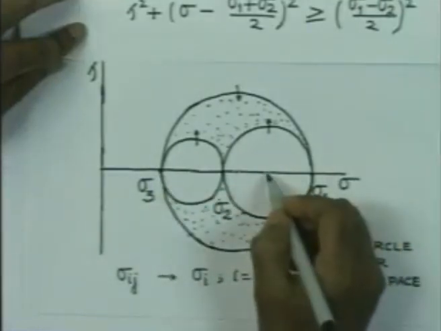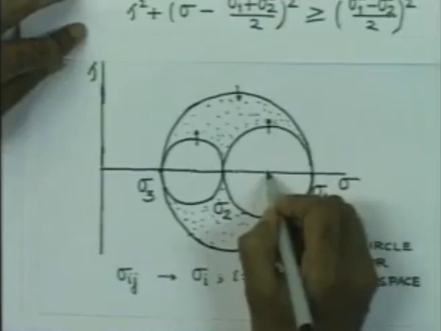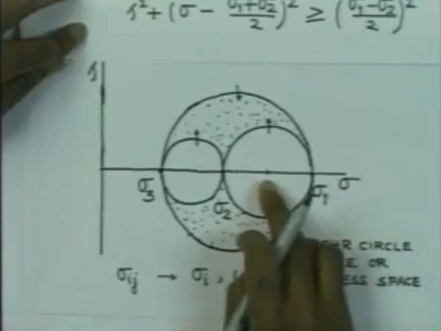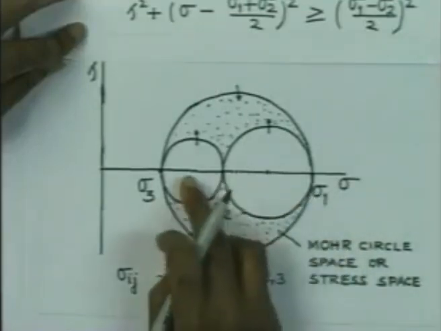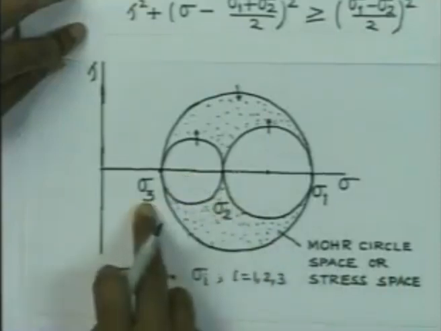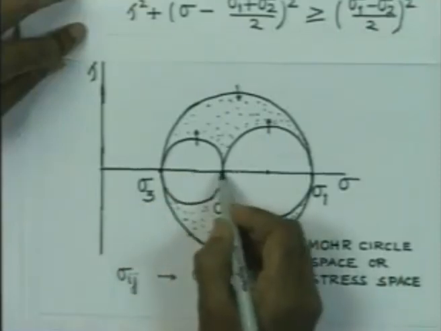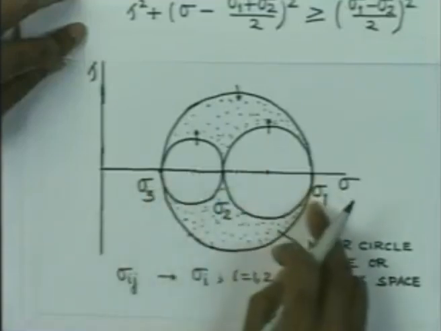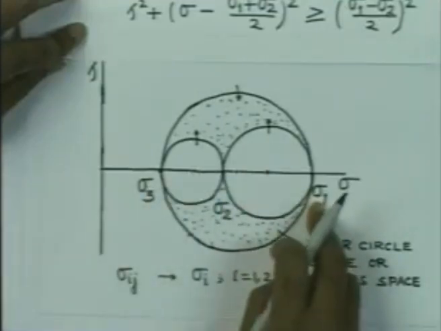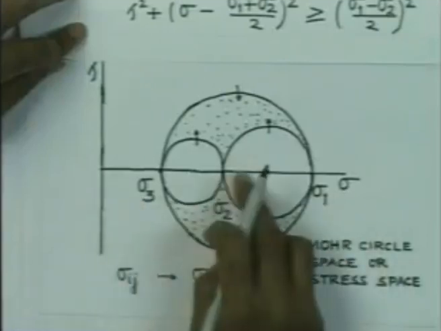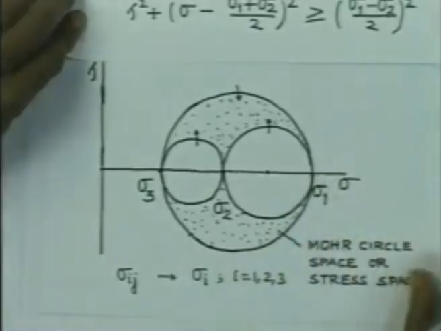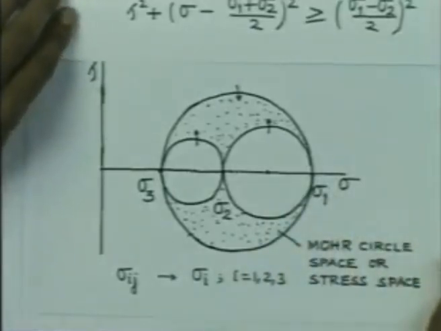The first one with center at the center of sigma 1 and sigma 2 and the radius sigma 1 minus sigma 2 by 2. The second one you draw with the center at the middle of sigma 2 and sigma 3 and with radius sigma 2 minus sigma 3 by 2, and the third one has center at the center of sigma 1 and sigma 3 and the radius is sigma 1 minus sigma 3 by 2. So, this is the way you can draw the Mohr circle in 3 dimensions.